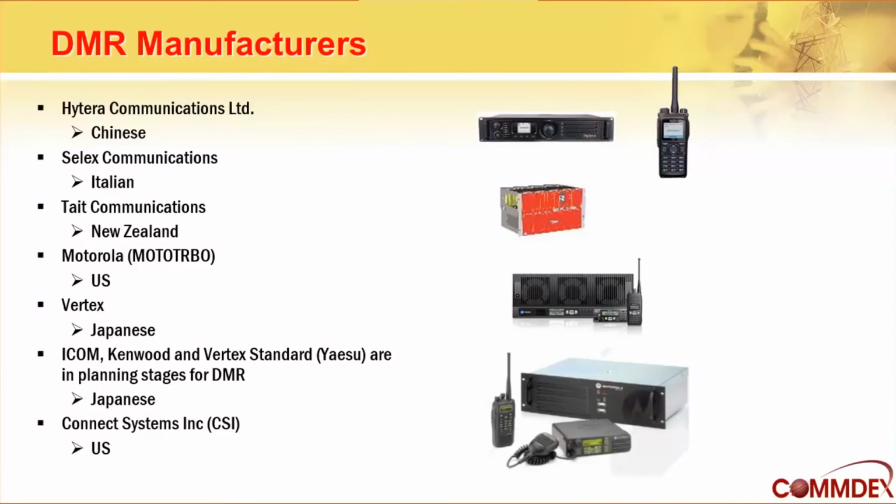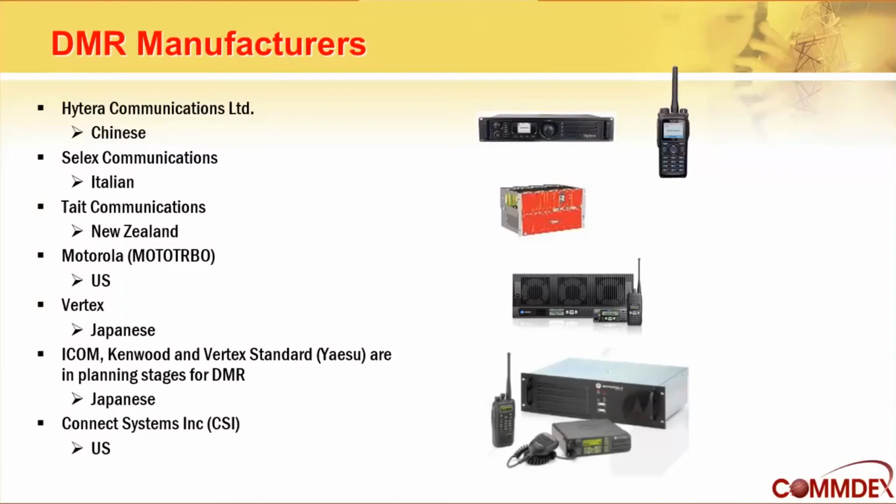Well, who makes this stuff? There's a lot of different manufacturers in DMR. Far more people make DMR than P25 because it's used in more places around the world. So you've got the Chinese, the Italians, the Japanese, all involved, and New Zealand. They all make this stuff.